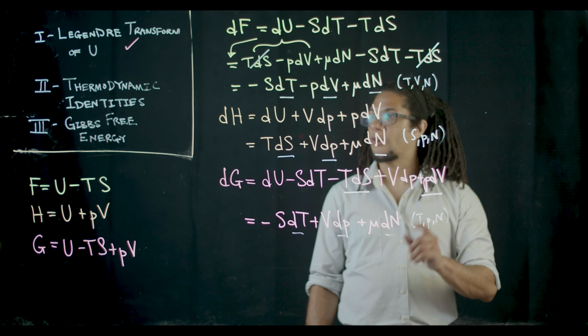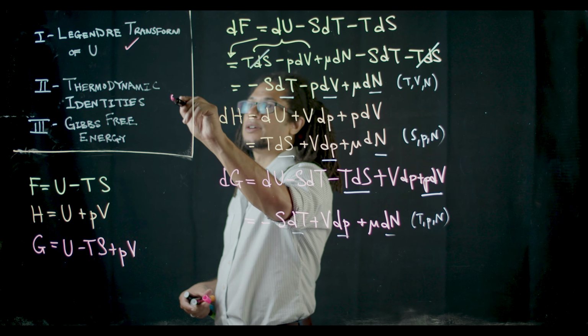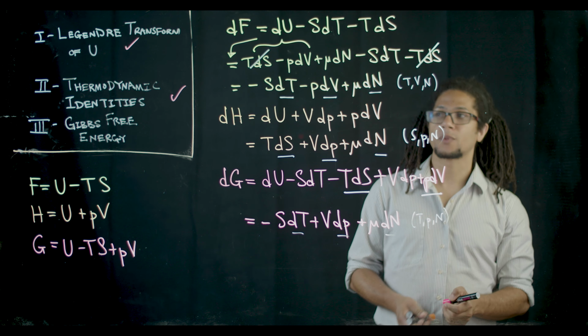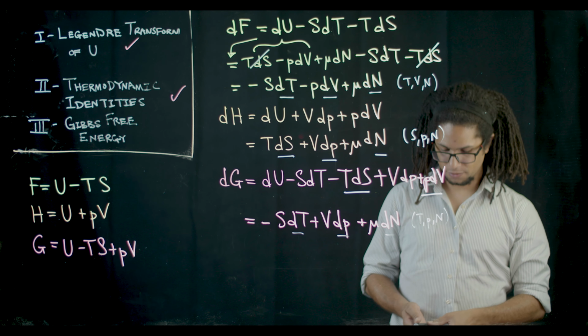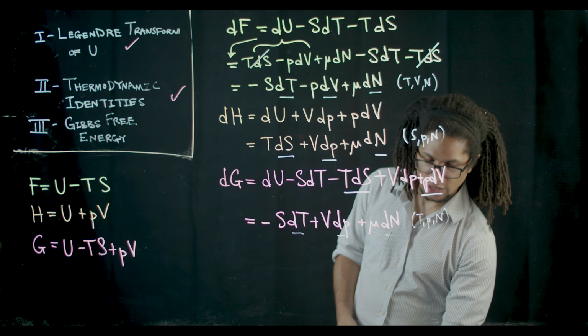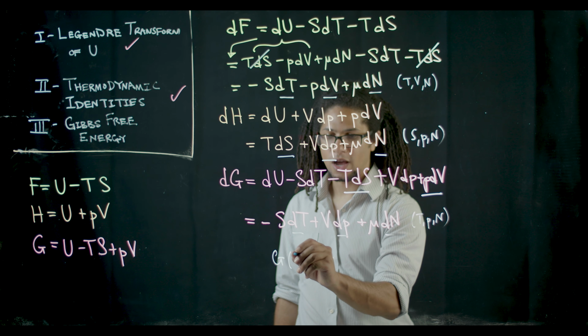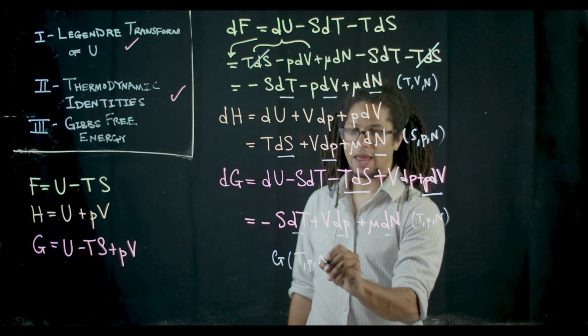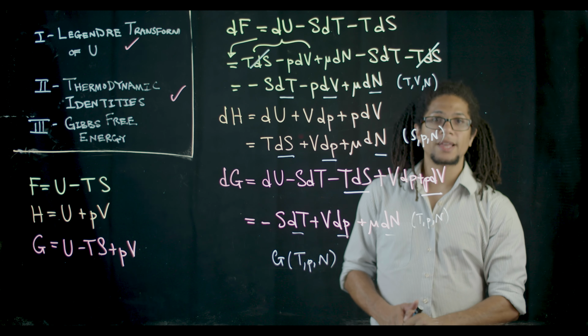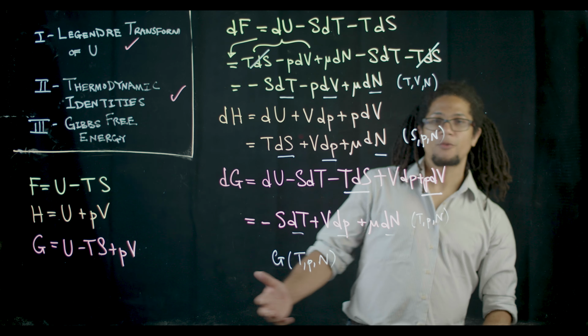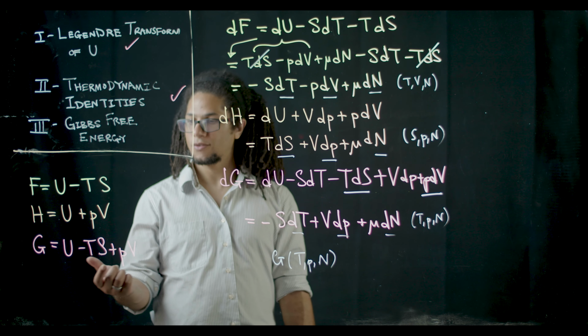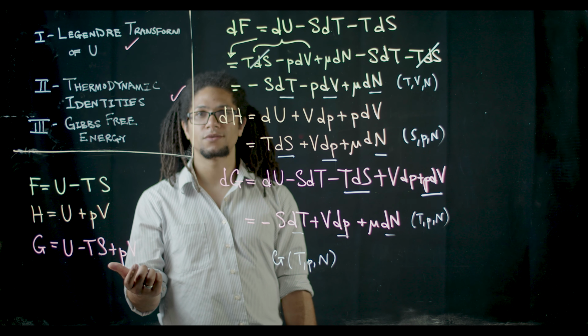That leads us to one final point before we end our work here today, which is to talk about the Gibbs free energy. Now, I want to note that the Gibbs free energy is a function, again, of T, P, and N. It's also extensive. If we look over here, U is extensive, S is extensive, and V is extensive.